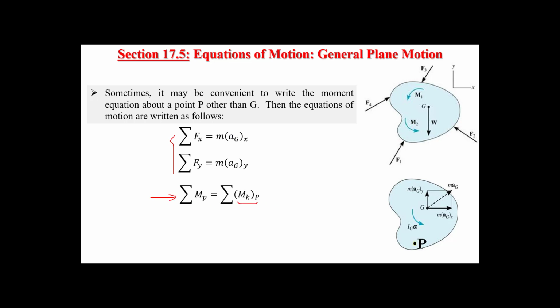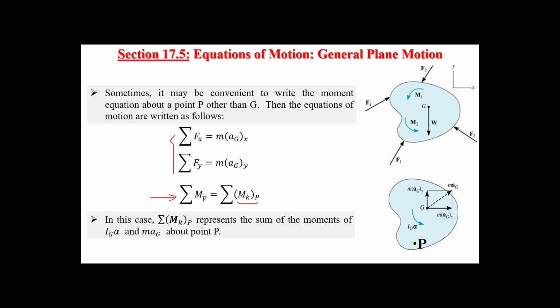Okay, because now the acceleration in x and y will do moment, moment about point B. So in this case, the summation of moment due to kinetic about B represents the sum of moments of I_G multiplied by alpha and mass multiplied by acceleration about point B.